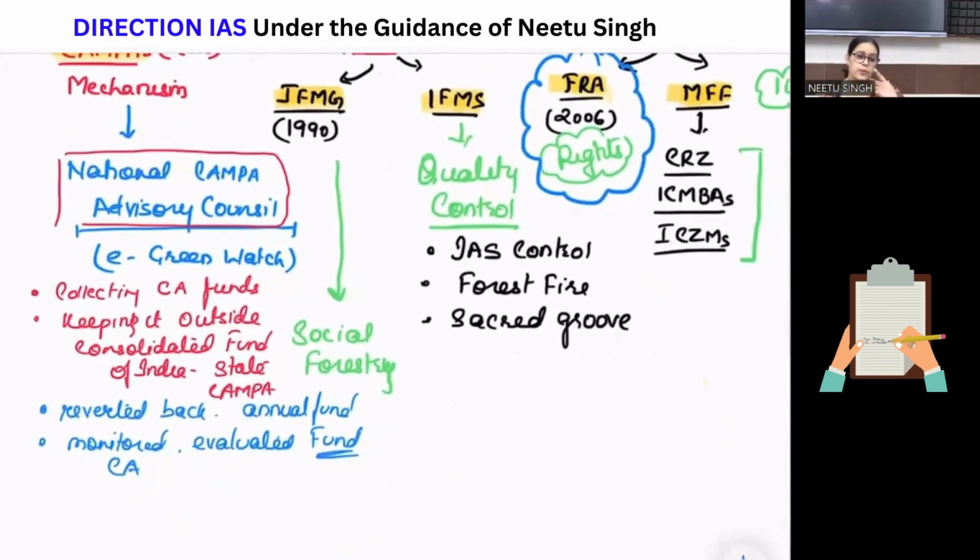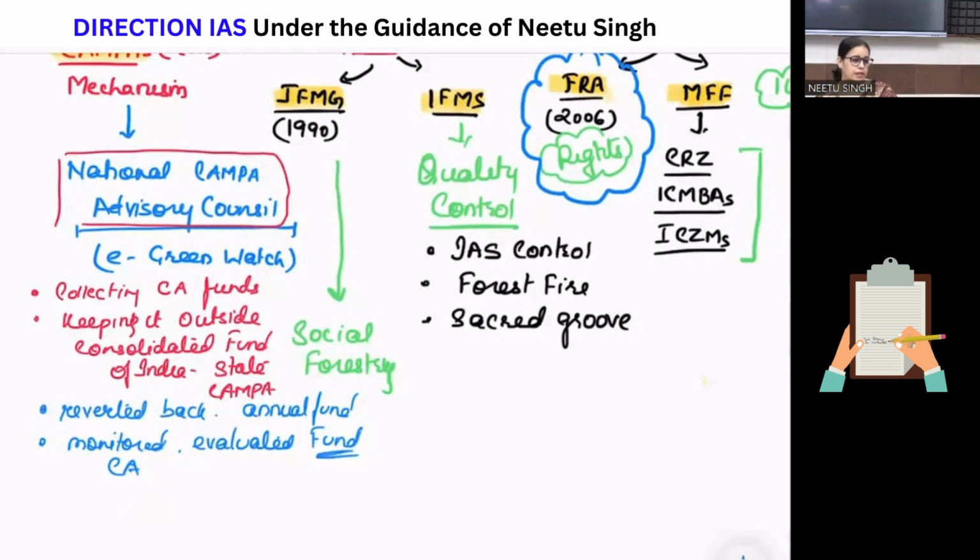The National CAMPA Advisory Council has this many responsibilities. It will collect the fund, keep it in the name of the concerned state government outside the Consolidated Fund of India, revert it to the state government as annual fund, and monitor and evaluate that the concerned state CAMPA or environment department, because all states don't have CAMPAs even today, are mobilizing that fund only for afforestation.